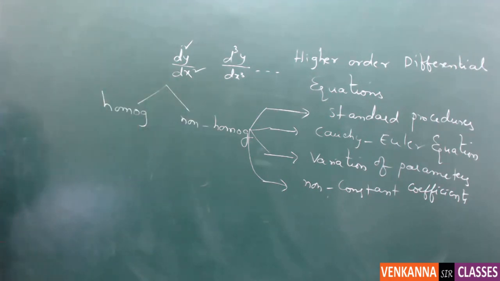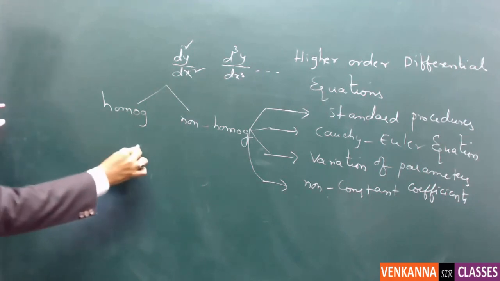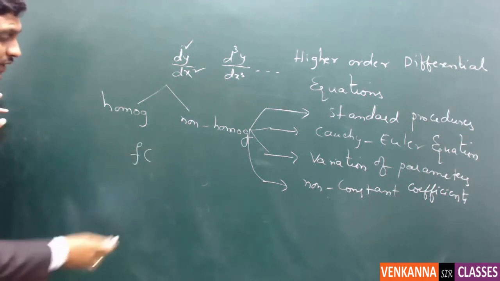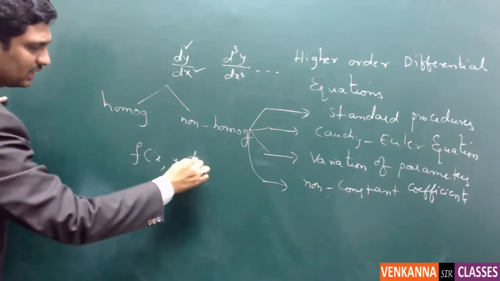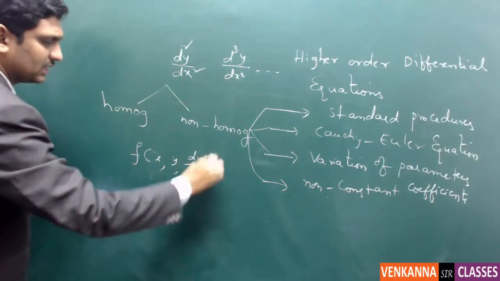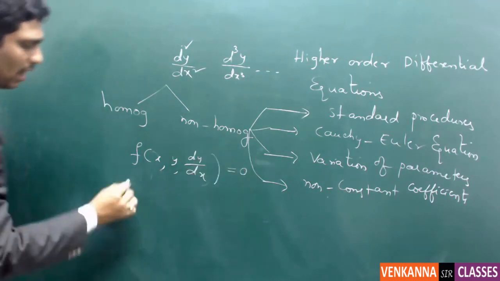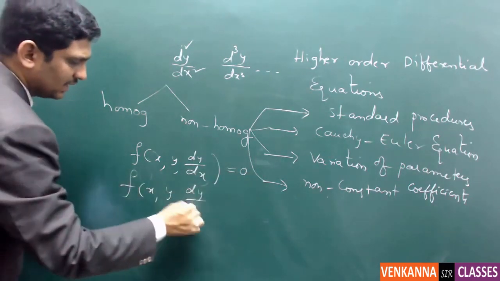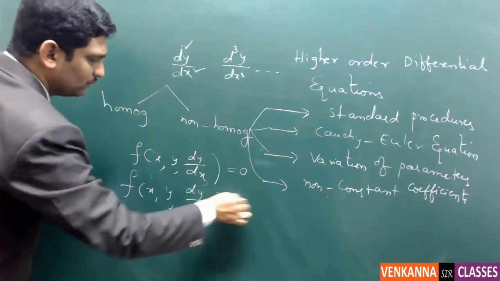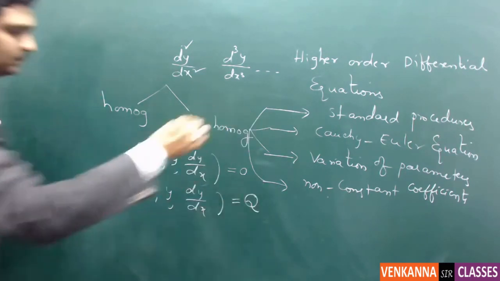In a typical manner, we simply write that f of x, y, dy by dx is equal to 0, or f of x, y, dy by dx is equal to some q.